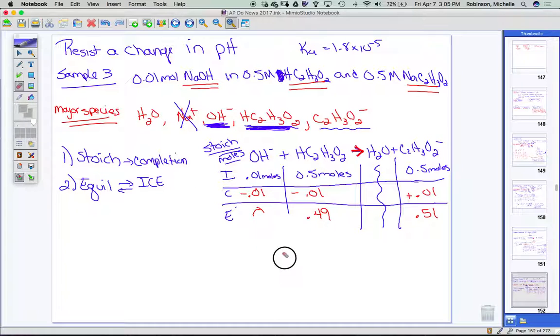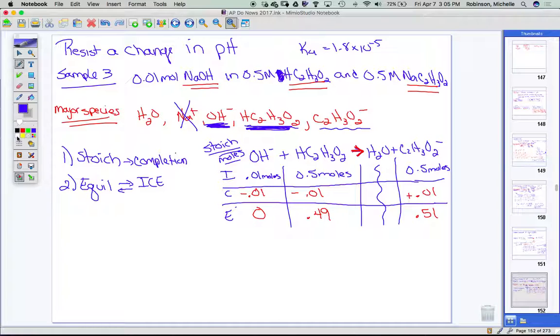Okay, all that did, oops, sorry, I was trying to erase the bottom of that whole thing. All that did was give us where to start our equilibrium. So basically you assume that the strong acid or strong base that was put in reacts with something completely, and then the weak acid or weak base that makes up the buffer shifts back to equilibrium.